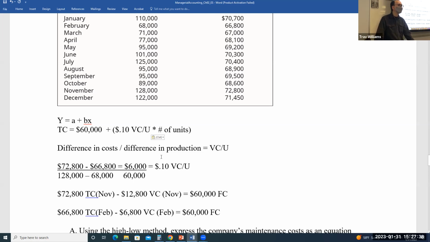So if the CEO came and said, what would the total cost be if we had 200,000 gallons? Well, we know it's going to be 60,000 plus 10 cents times 200,000.